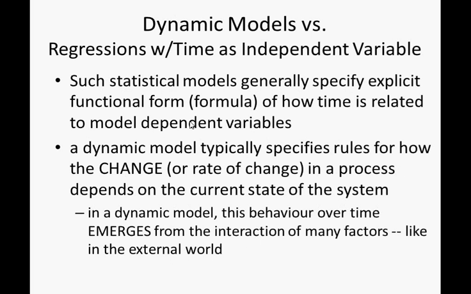Well, there are several ways it's different. Statistical models generally specify some explicit functional form, a link function, that links the dependent variable with the independent variables. So you may be doing a linear regression where time is a covariate, one of the independent variables considered.